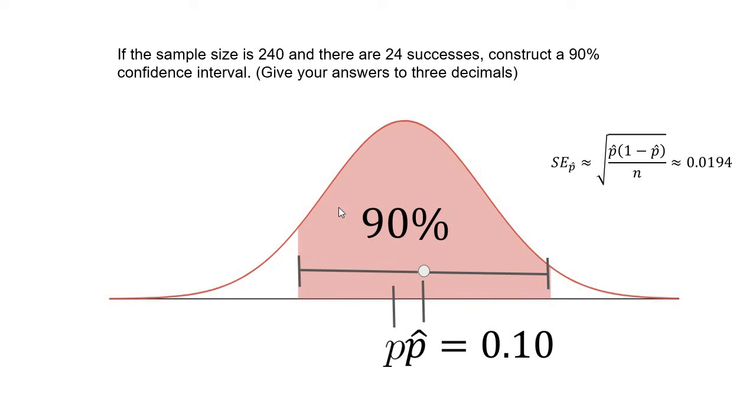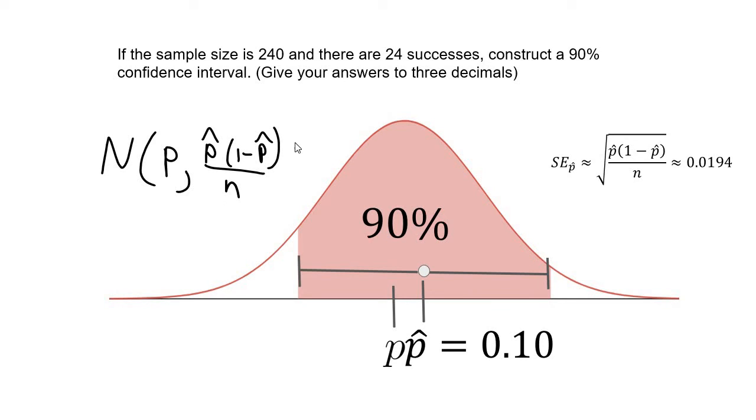Because the success-failure condition is met, since 10% of 240 is 24 and we have at least 10 successes and at least 10 failures, we know the sampling distribution is a normal distribution. It has a mean of p, like we said earlier, and the variance is the square of this standard error, approximately p hat times 1 minus p hat over n, because remember, this is only an approximation.